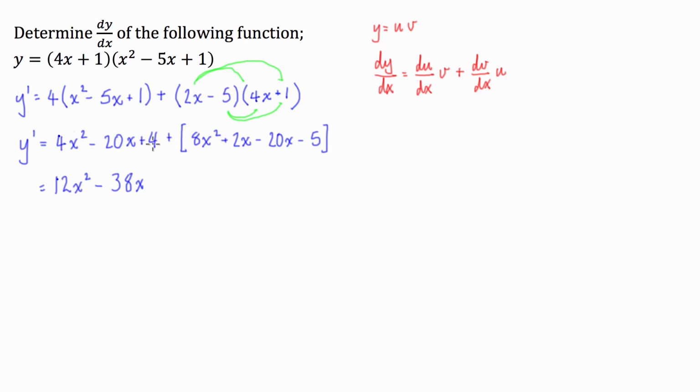Then we have 4 minus 5 is negative 1. So therefore, the simplified version of our derivative is 12x squared minus 38x minus 1. And that's where you'd leave it.